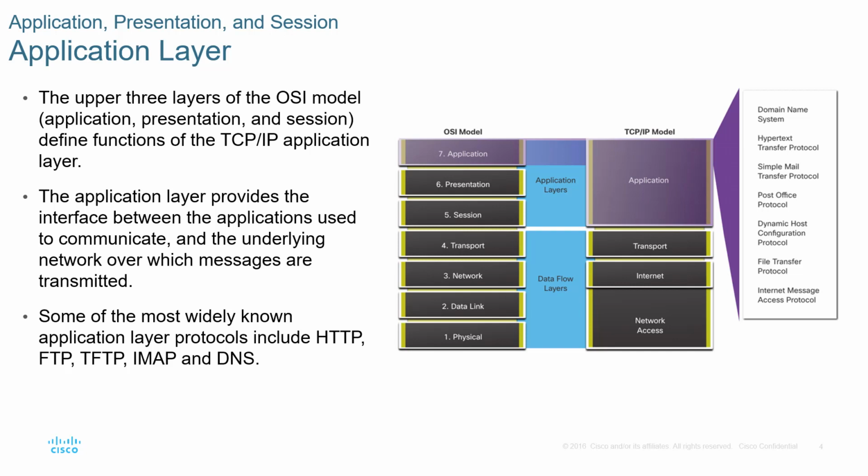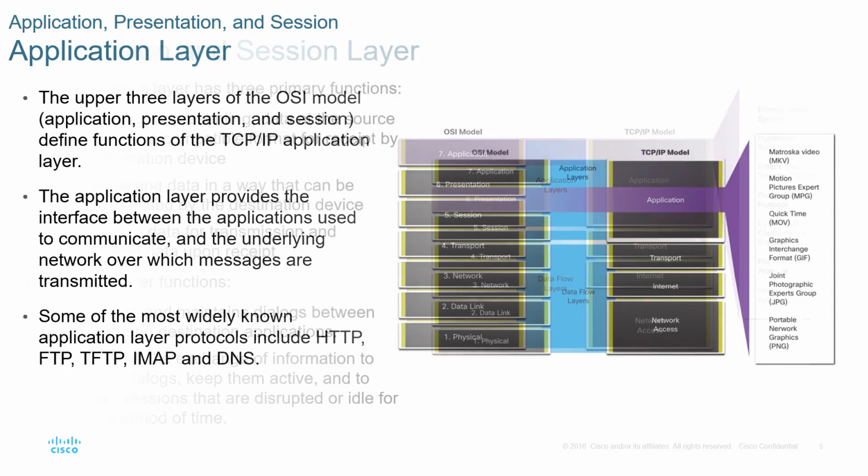When we're looking at the overall application layer, we're looking at protocols like HTTP, FTP, IMAP, and DNS. Those are all happening at the typical layer 7 portion of the OSI. Again, this is what we, people, interact with.